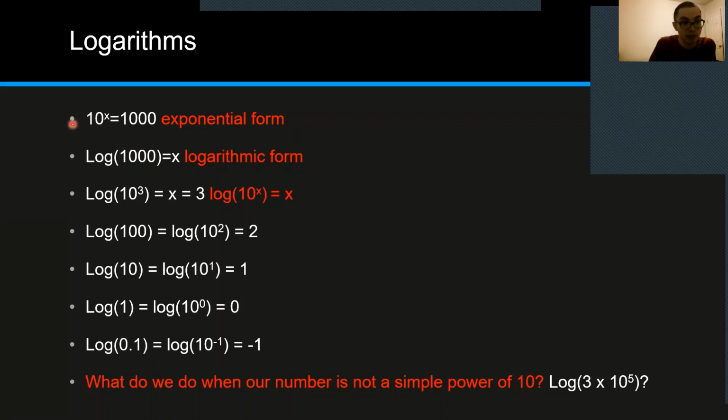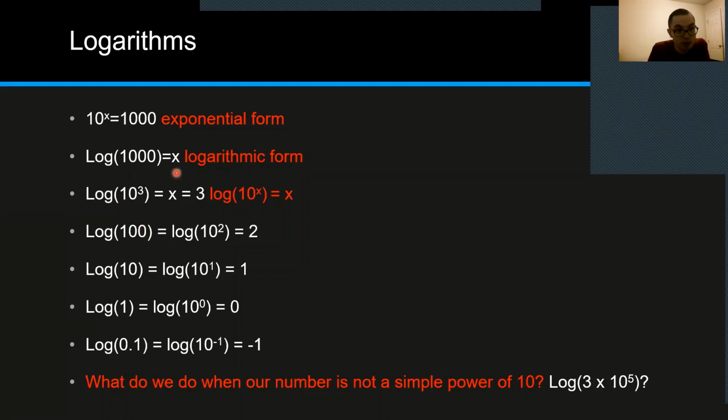Basically, log of 10 to the x just becomes x, and log of 1,000 is what we're left with. Then if we rewrite 1,000 in scientific notation, that would be log of 10 to the third equals x. And that is equivalent to 3.